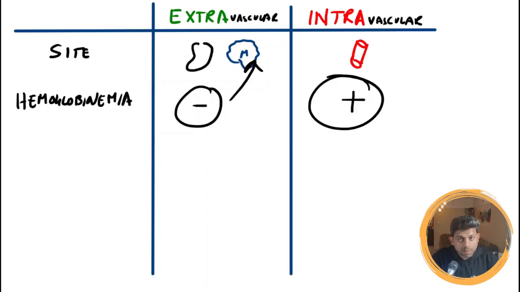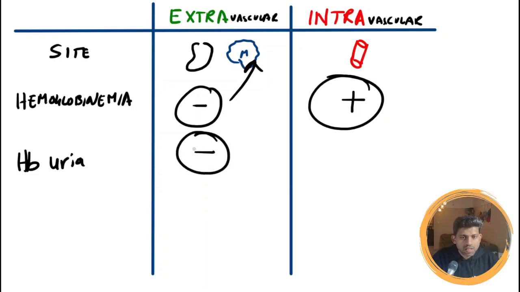As all the RBCs are destroyed within the circulation and hemoglobin is directly released into the blood. Hemoglobinuria. As there is no free hemoglobin in extravascular hemolysis, hemoglobinuria does not occur. While in intravascular hemolysis, the free hemoglobin goes into the kidney and comes out through the urine.